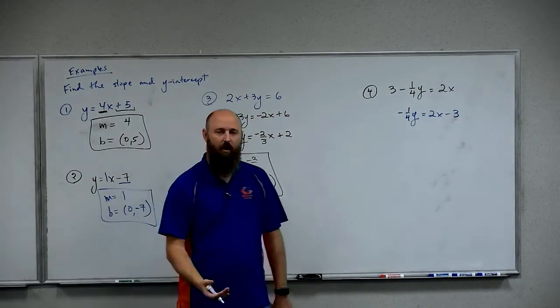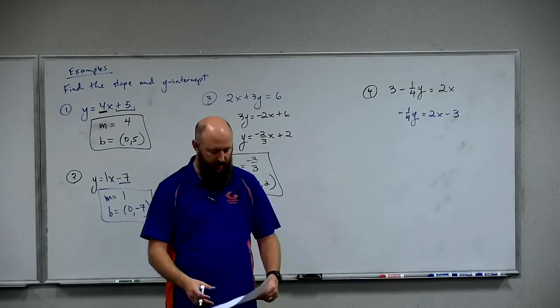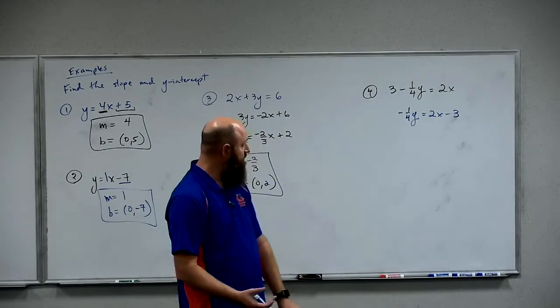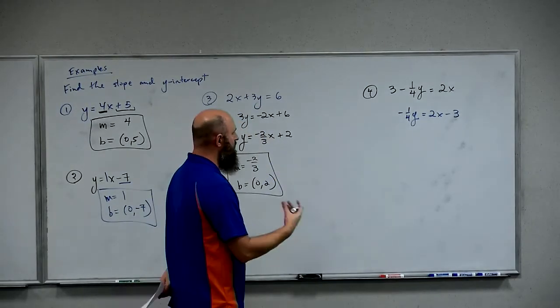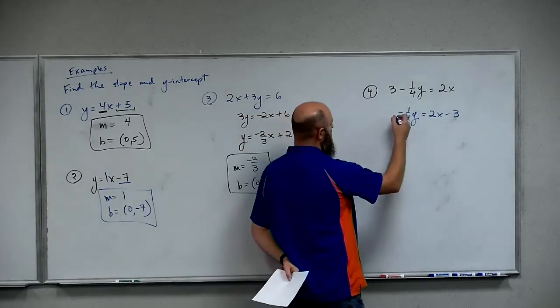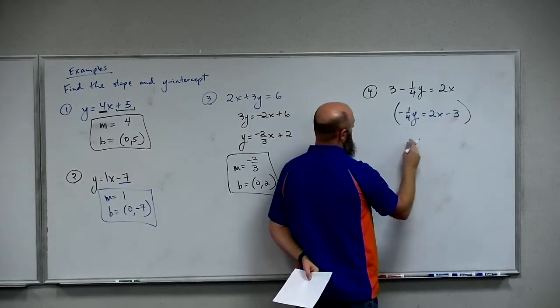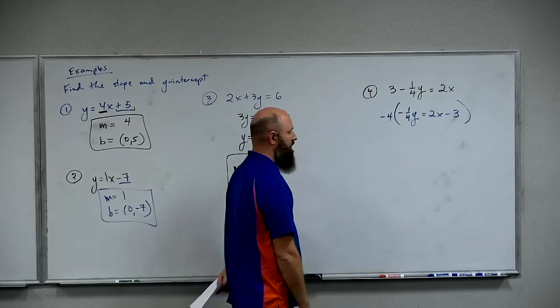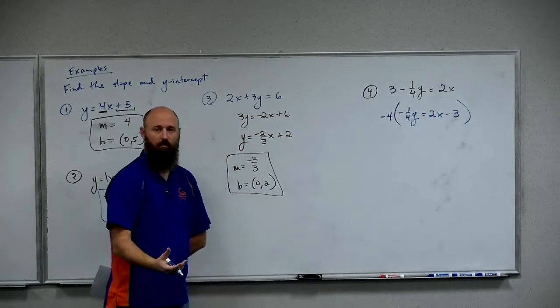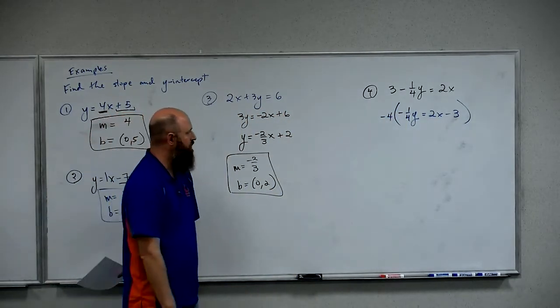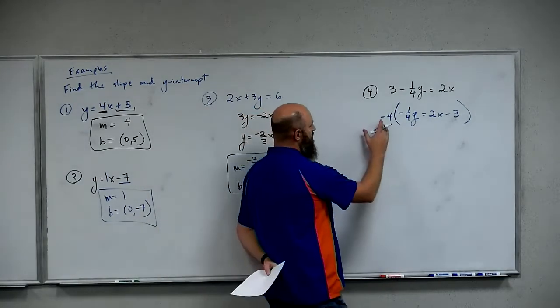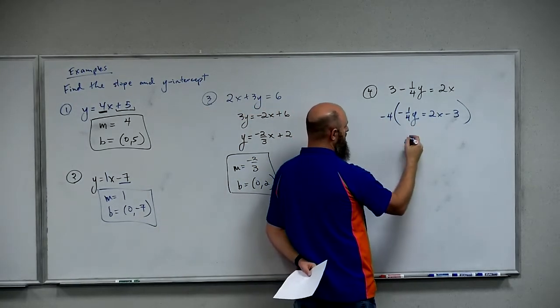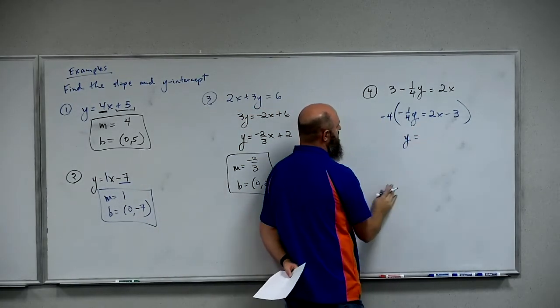Now we see that we have a fraction. We don't really like fractions, so we can get rid of those by multiplying by the reciprocal. So I'm going to multiply everything here by the reciprocal, which is negative 4 over 1. Negative 4 times negative 1/4 is a positive 1y.